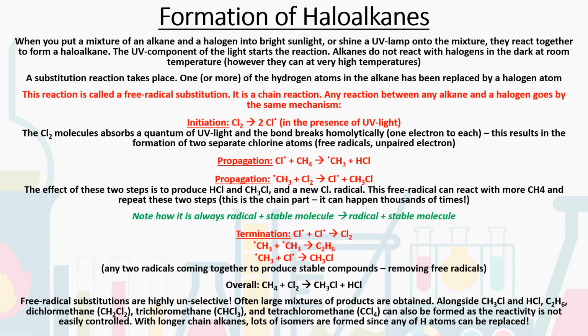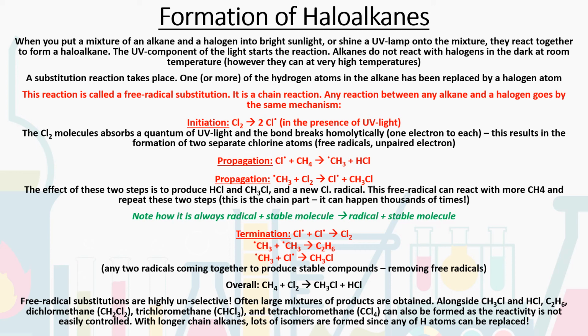And so the effect of these two steps is to produce HCl and CH3Cl, and also a new chlorine radical. And this new free radical can react with more methane and repeat these two steps. That's the chain part. It can happen loads and loads of times. And note how the way I always remember these reactions is it's always radical plus a stable molecule gives you radical plus a stable molecule.